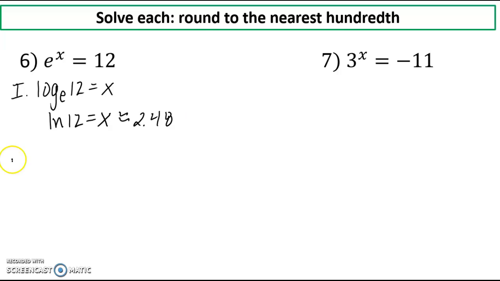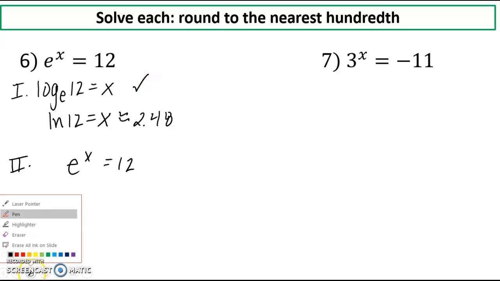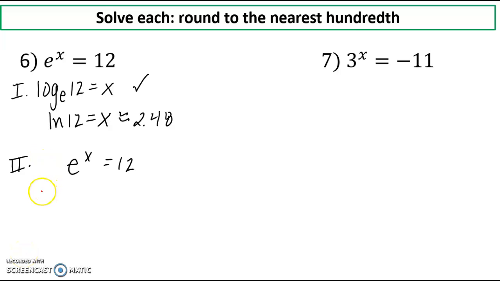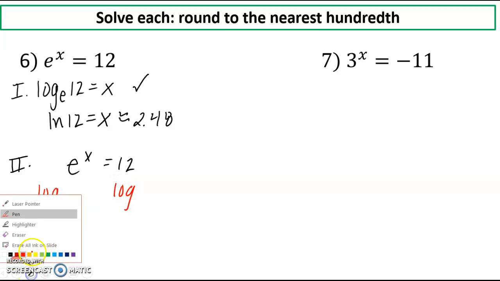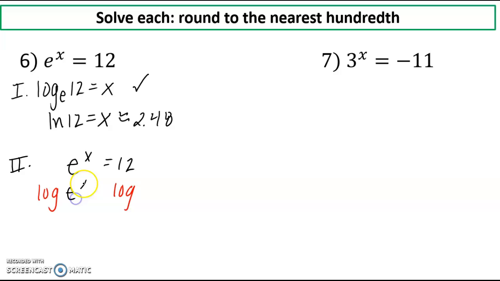Okay, now another method that you could use, so I like you to rewrite it as a logarithm because we kept talking about the logs and exponential functions being inverses of each other. I can also, it's an equation, so I can take the log of both sides.